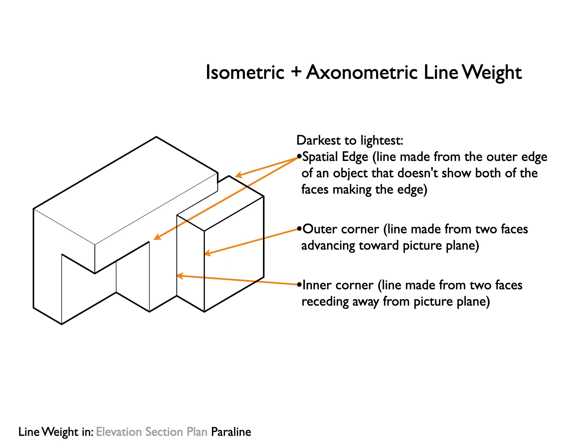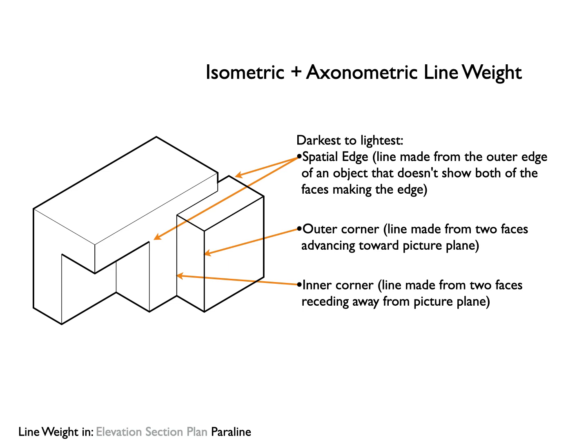So you see there in the object to the left, there's an overhang, and you only see one face of what's making that line that is the overhang. So that's your darkest line. And the line that surrounds the whole object is darkest as well. So that's the spatial edge, and that becomes the really important designation within three-dimensional views. That spatial edge is really what makes things pop out and seem spatial.